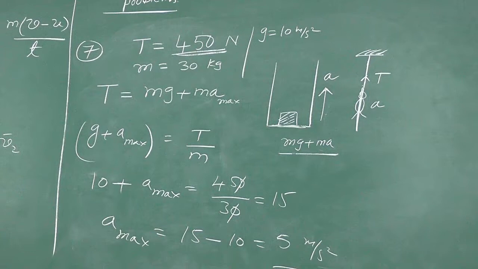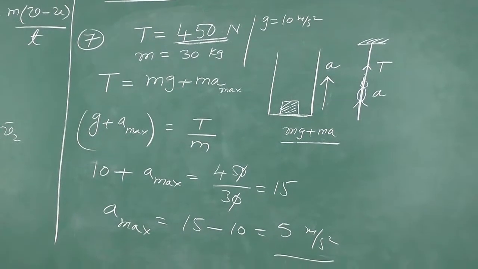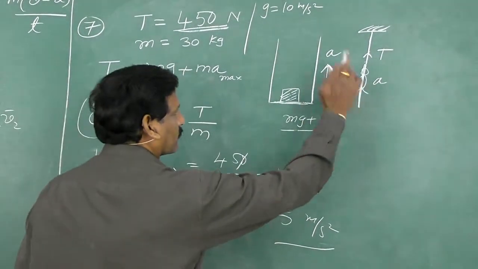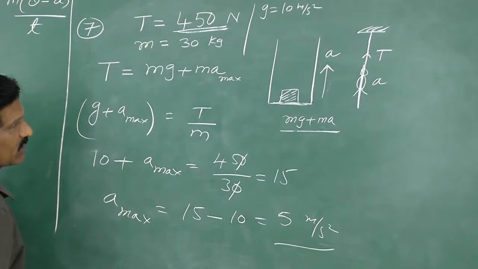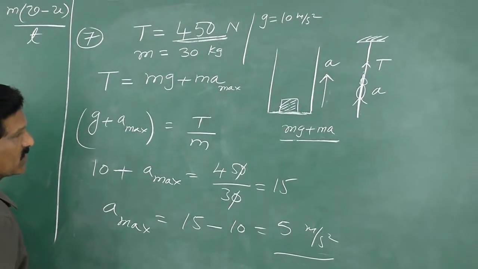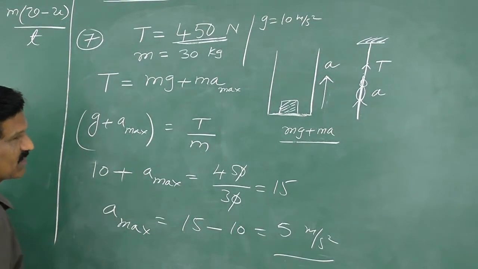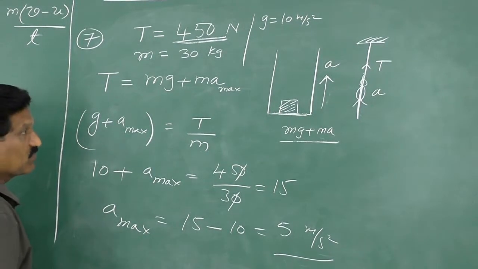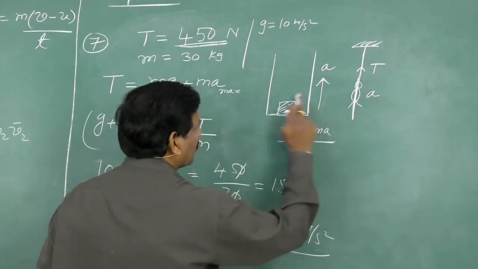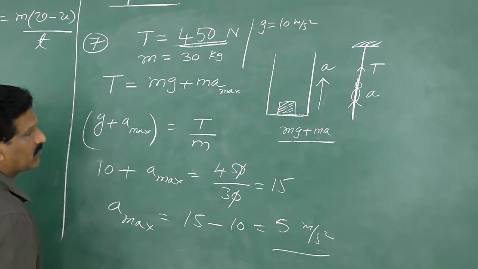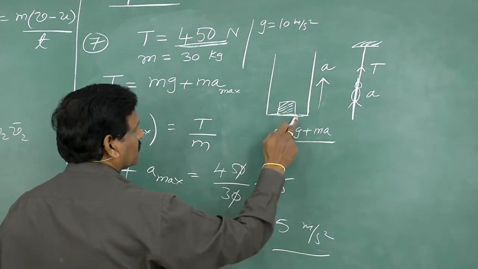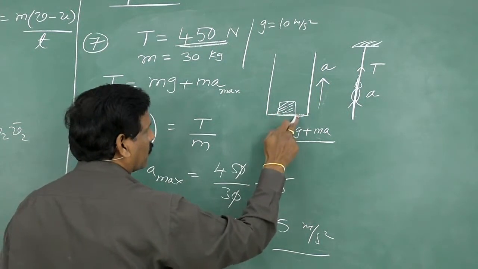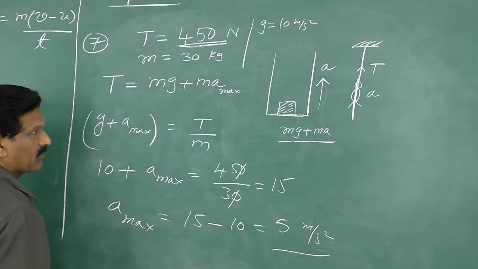So tension is produced when there is frictional force. So here frictional force is created by the man. So the force produced by the man on the rope is mg plus ma when the man climbs with an acceleration a. So similar to the lift problem. When the lift is moving upwards, then the force exerted by the body on the floor, or floor on the body, both are same.